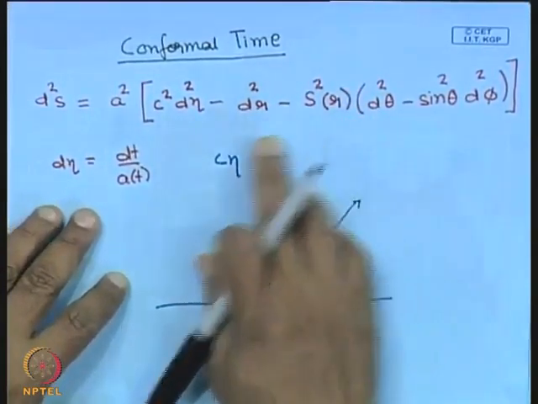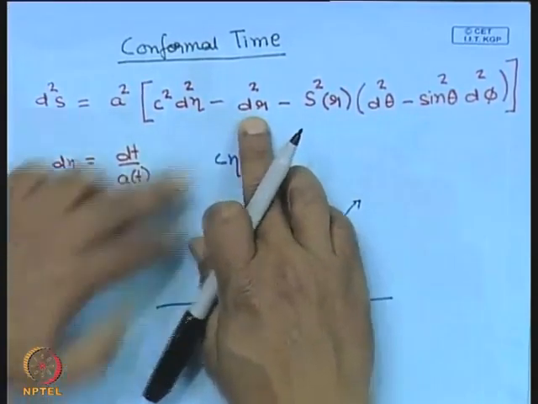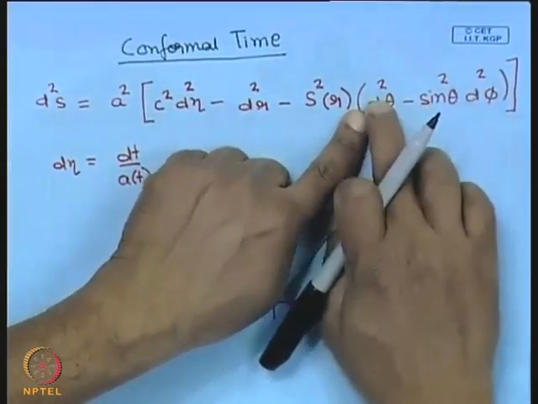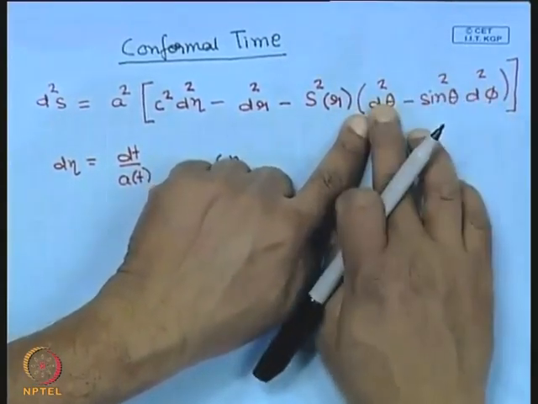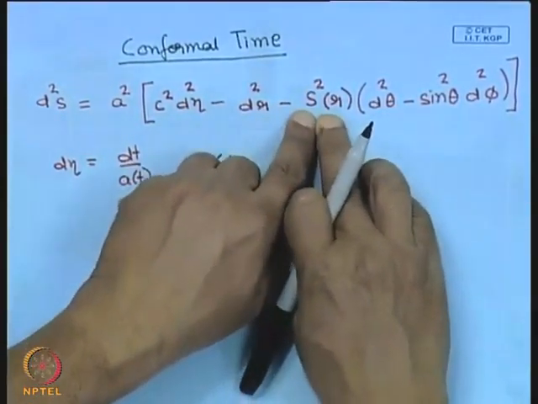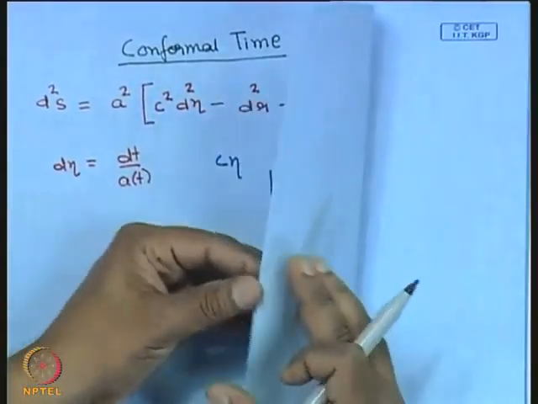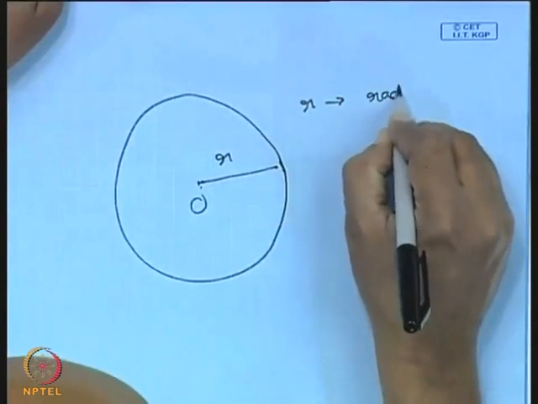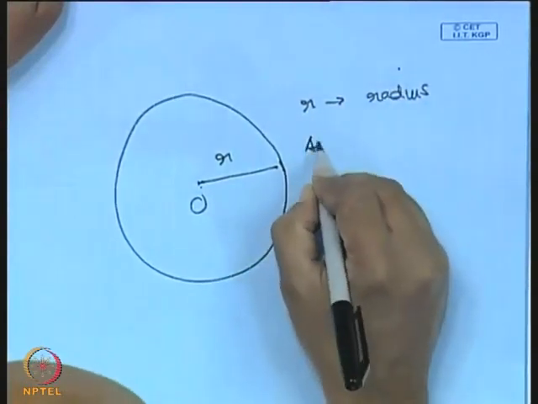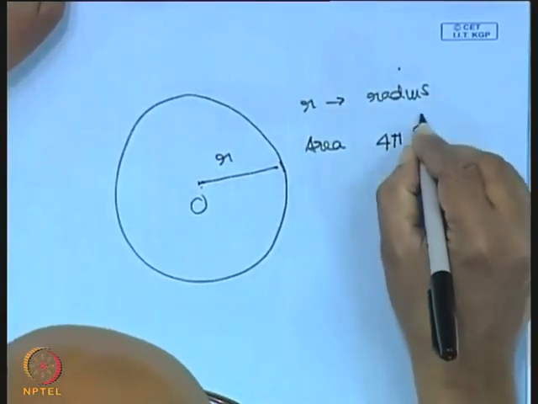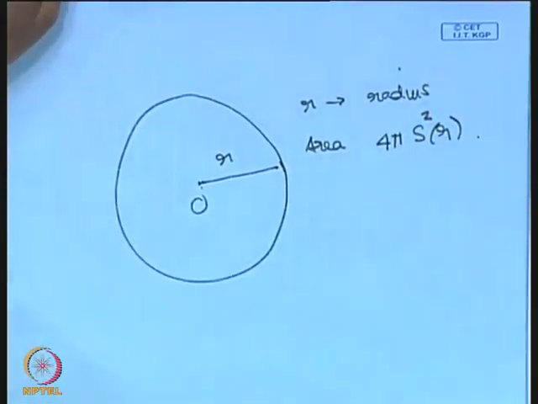To calculate the surface area you will not vary r, what you will integrate over is the angular part. You will do the solid angle integral, that will give you 4 pi, the solid angle part has not been changed. So the area of that sphere is going to be S square into 4 pi. So you see, in this curved geometry the radius of a sphere is r, but the area is not 4 pi r square, it is 4 pi S square r. This is the main difference.